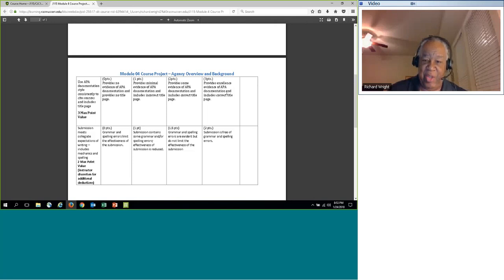Example of APA documentation, and includes correct title page. So you get 3. Usually students lose points of 5 altogether because in the process of doing that, there's some grammatical issues in there. But the key thing is make sure you do your APA. Now this says 3, but remember I said you'll end up losing 5 because inevitably what happens if you don't do the APA right, there's going to be some issues that fall within this section here.